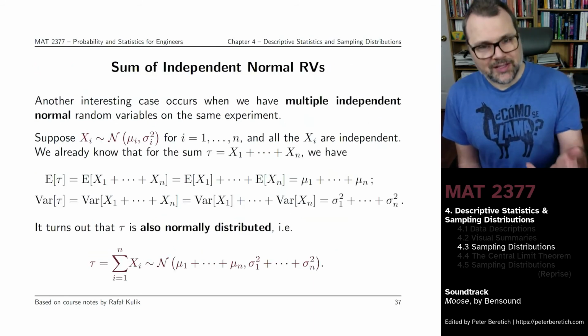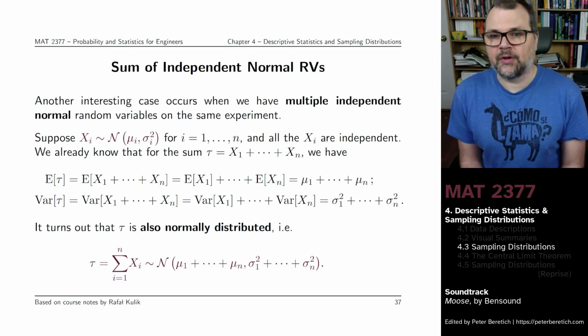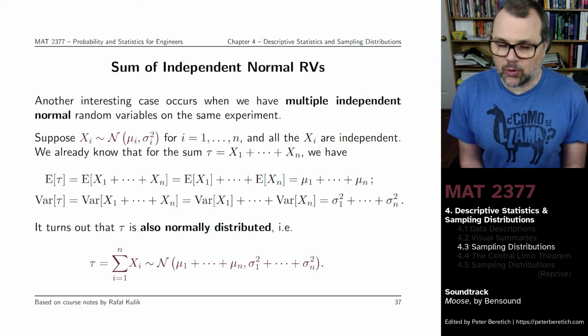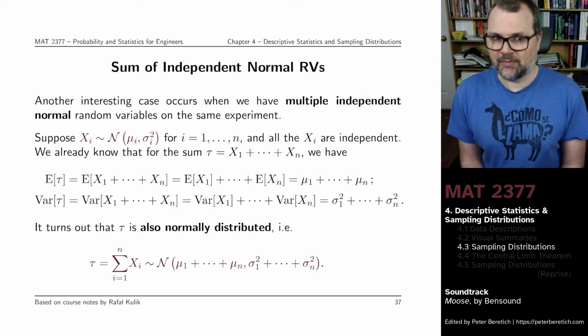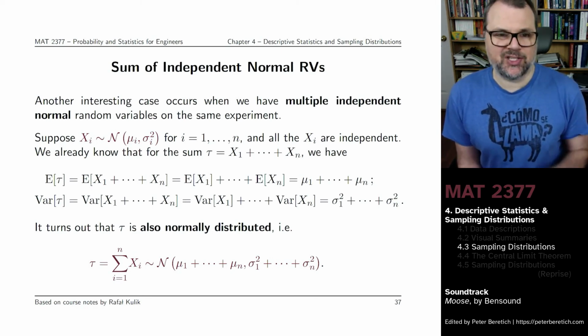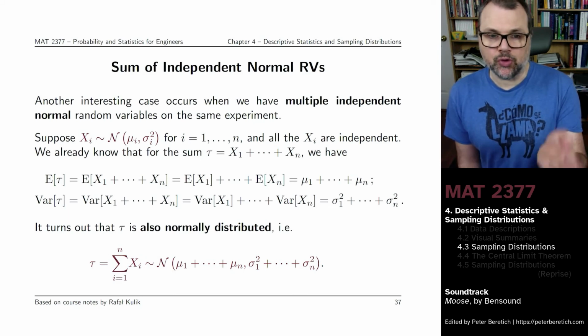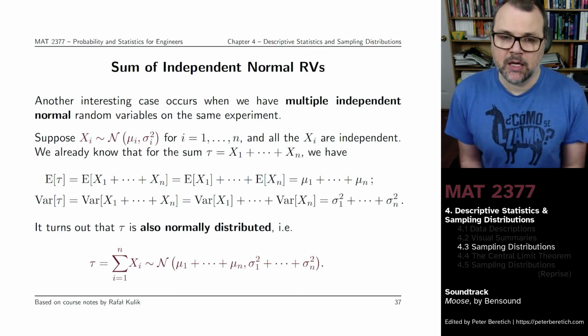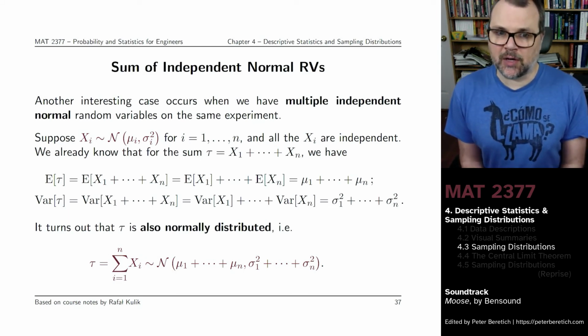There's another interesting case when you have independent normal random variables on the same experiment. So what you're saying here is that each measurement is drawn from a normal distribution with a given mean mu_i and a given variance sigma_i squared.